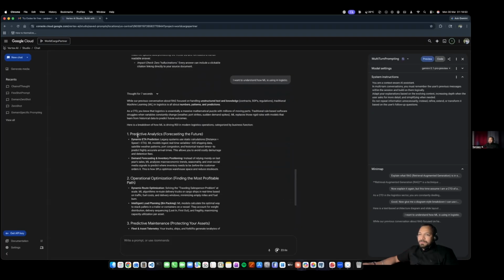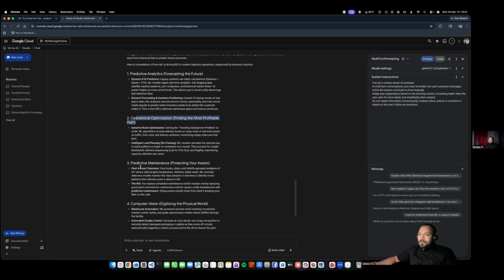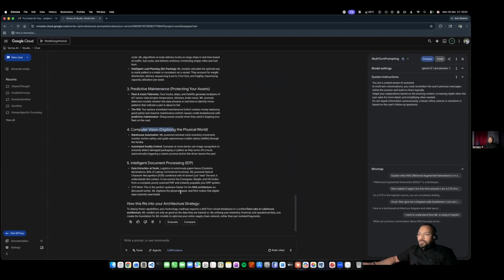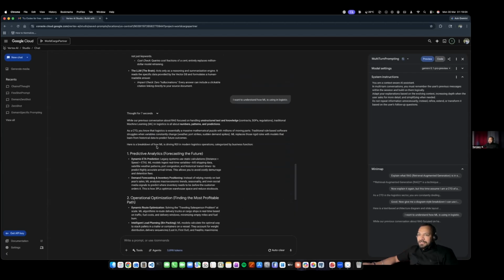It is coming up with predictive analytics, operational optimization, predictive maintenance, computer vision, and all that. In this case there's no mention of RAG, but it is still able to stick to the concept of data science, which follows a similar pattern. So that's about multi-turn prompting.